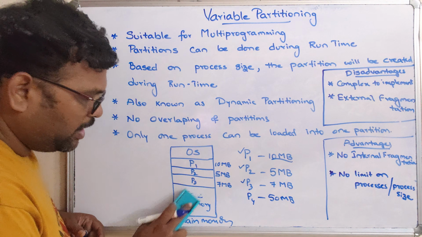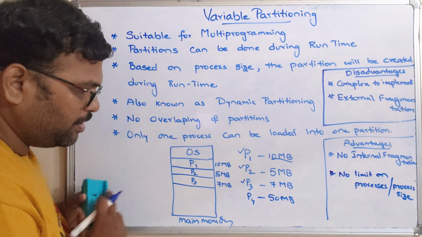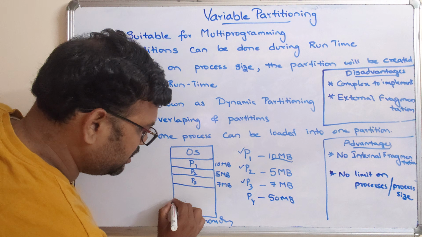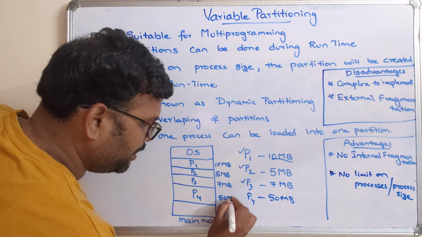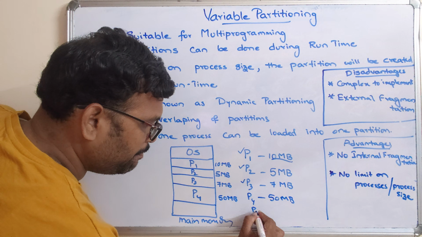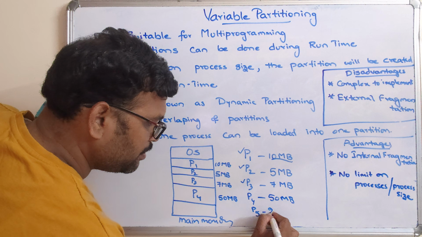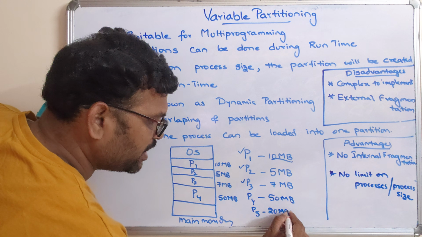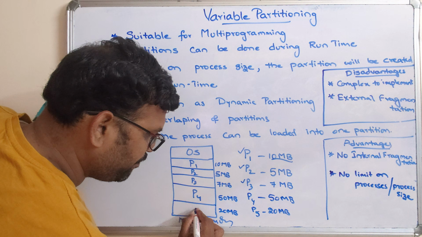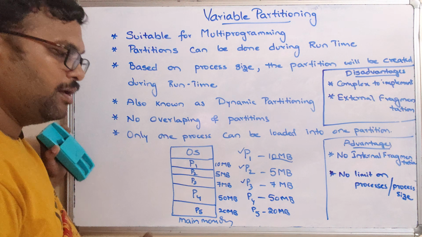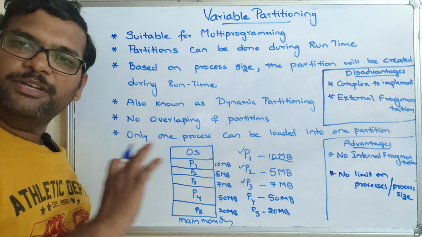For example, let us take a few more processes. Let it be P4, 50 MB, and P5, 20 MB. Now all the memory has been filled.